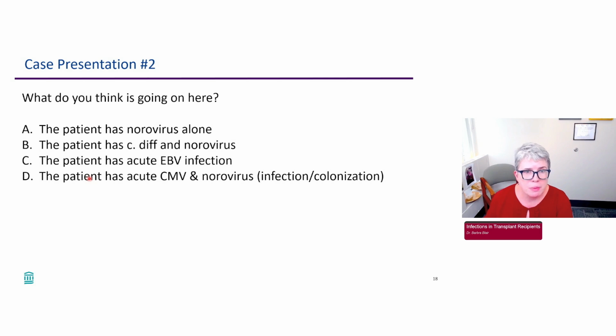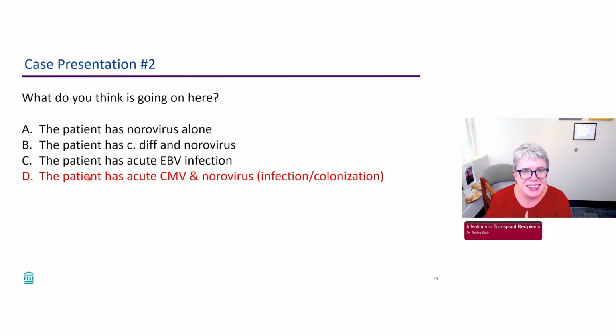I'll give you a couple of seconds, maybe, because I gave away what the topic of this section is. It's actually acute CMV with norovirus. You all were getting it: infection or colonization.